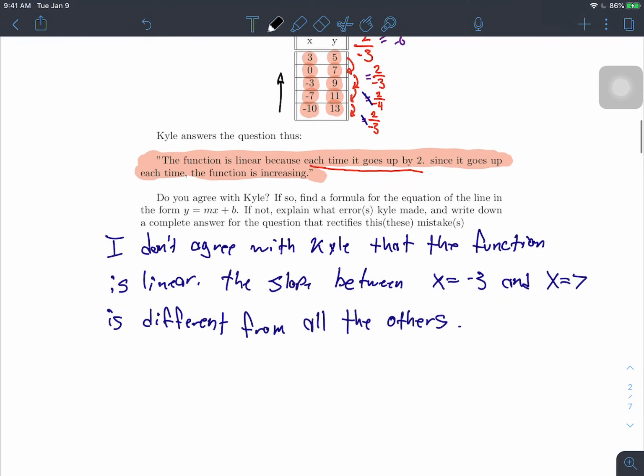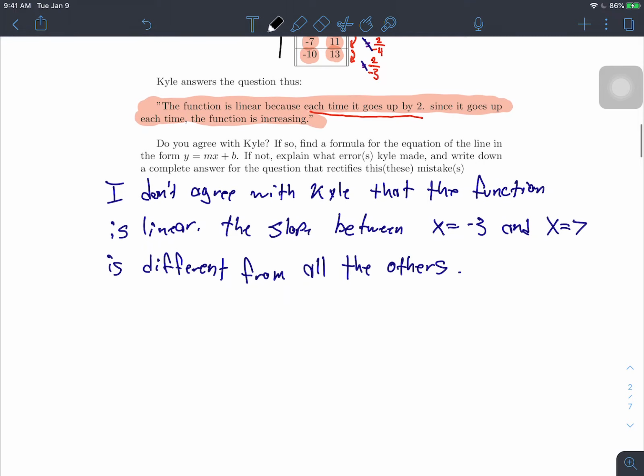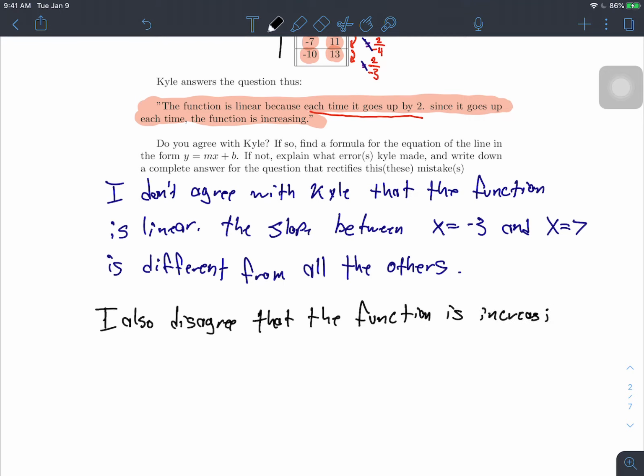So the next part is, I also disagree that the function is increasing. Period.